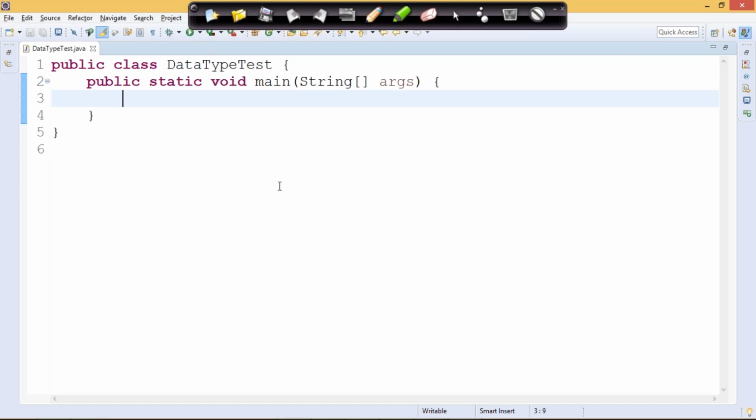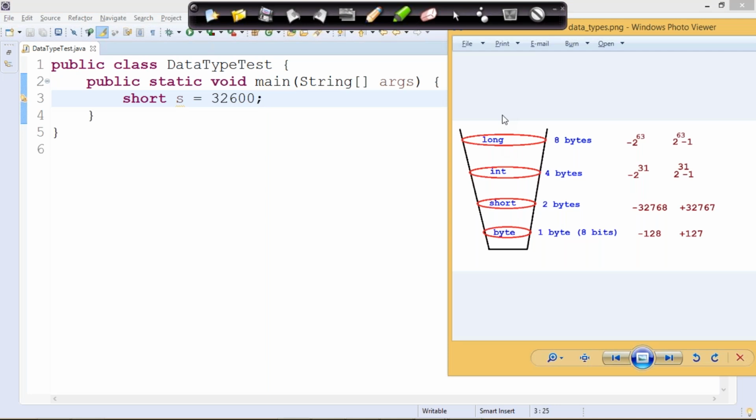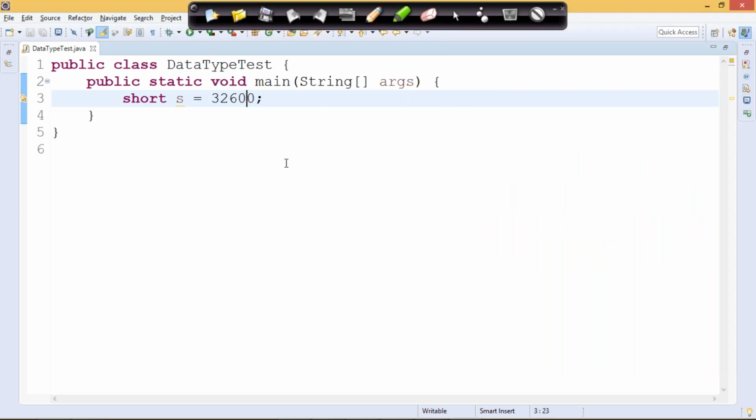So now another small example. I have a short equal to 32,600. Observe now, short can perfectly store data from minus 32768 to plus 32767. So 32,750, let's say, is perfectly possible.